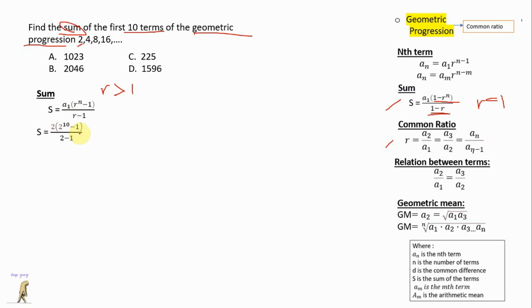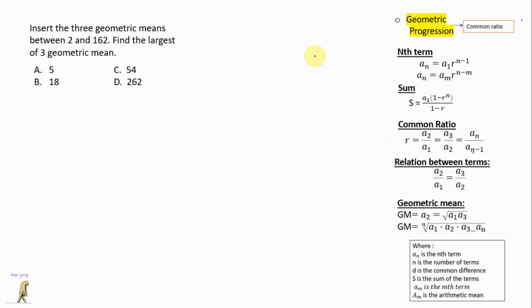And then we just need to simplify them. 2 raised to 10 is equal to 1024. And we know 1024 minus 1 is 1023. Then times 2, this is just 1, okay? Then times 2, we get our answer, which is 2046, letter B.